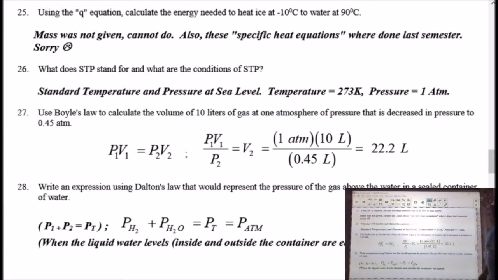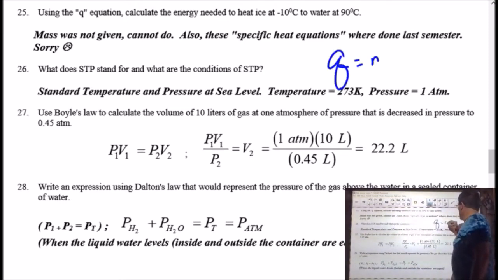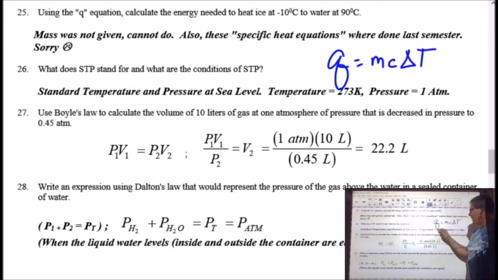Question number 25. Using the Q equation, calculate the energy needed to heat ice from -10 to 90 degrees Celsius. Guys, I apologize. I did not give you a mass. So don't worry about being able to do this, but make sure that you understand the Q equation looks like this, where Q is heat in joules, m is mass in grams, c is your specific heat, which is in joules over gram degrees Celsius, and then ΔT is your change in temperature.